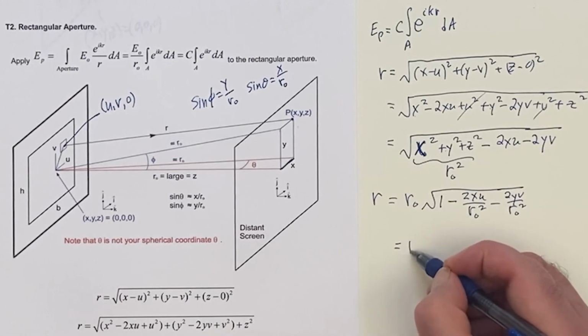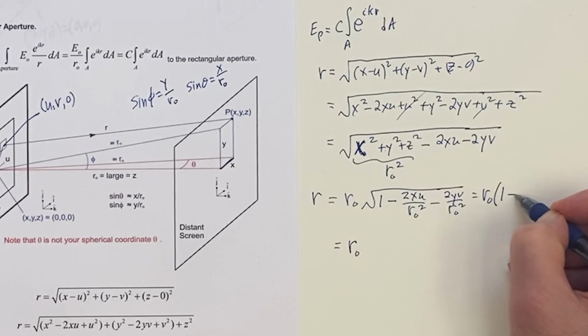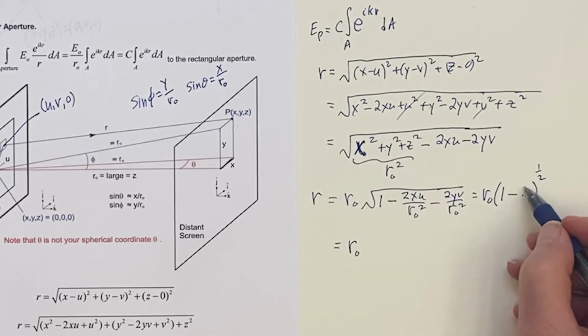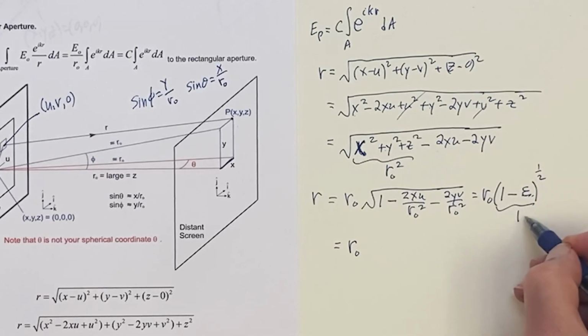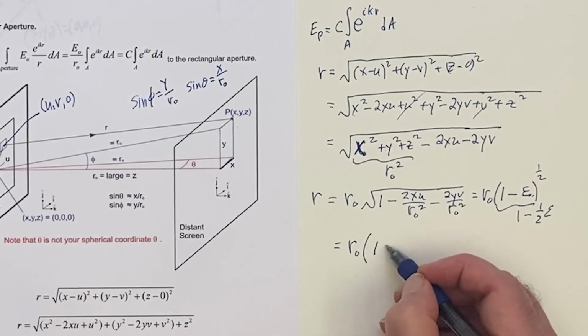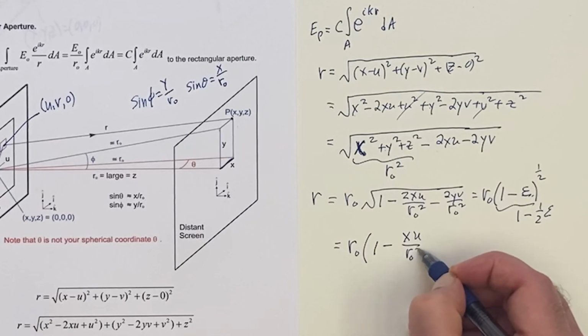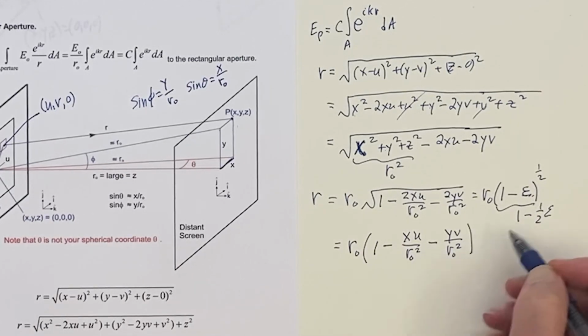And this is going to be now r naught times 1 minus something small, to the 1/2 power. And that means we'll have 1 minus 1/2 of epsilon. So this is 1 minus the 1/2 is going to be xu over r naught squared, and yv over r naught squared.